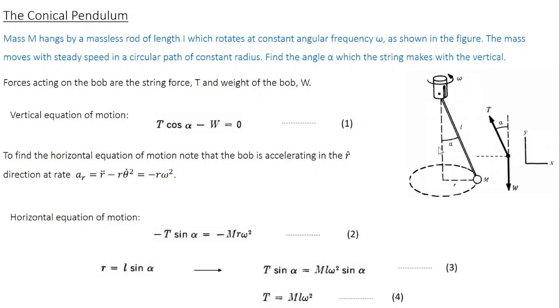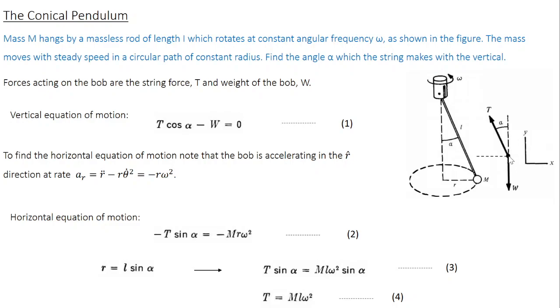First thing first, identify what are the forces acting on this object or bob. So obviously you have weight acting in the downward direction. Then you have tension acting along the string or rod towards the center. So tension and weight are the two forces acting. Now draw the force diagram.